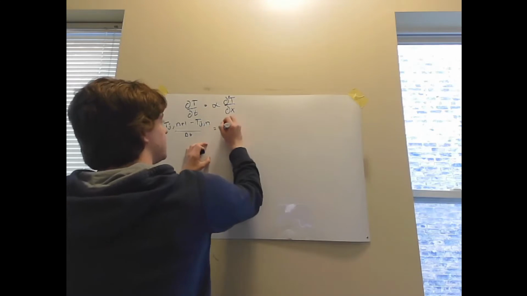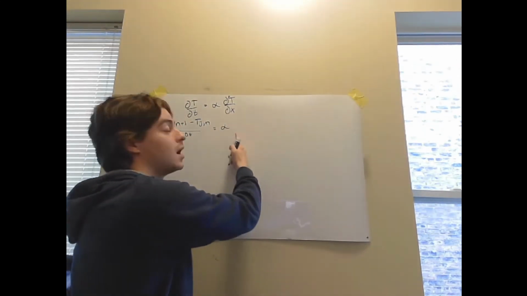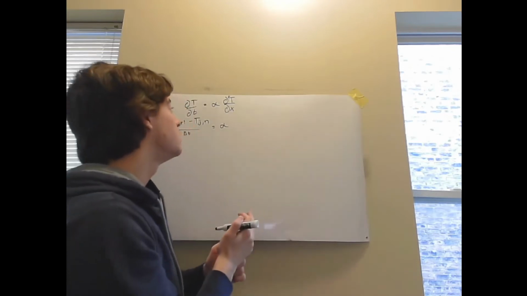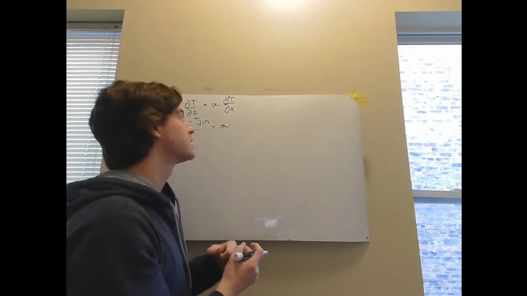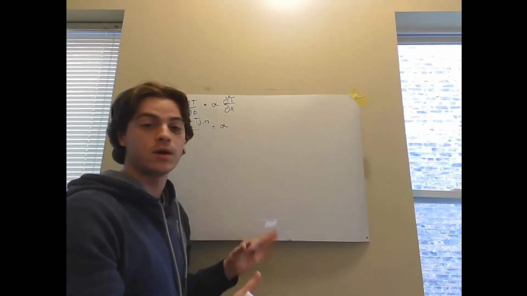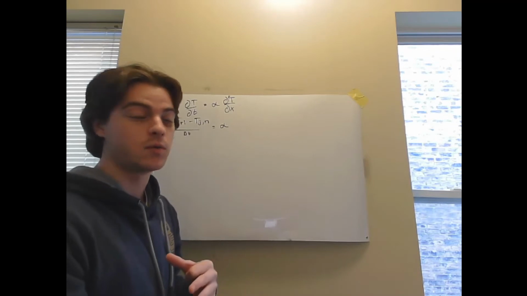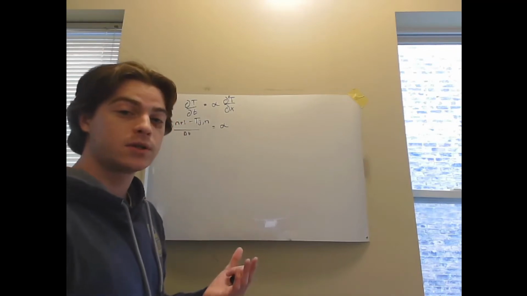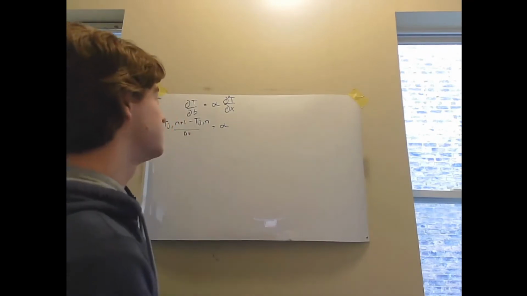And then on the right side, we have alpha. Now for this increment, for our last method, we used just a single time n to estimate this derivative. Now we're going to estimate it at the first time n, and then at the second time of n plus 1, and then take an average of those two, and it'll give us a more accurate estimation for this derivative.